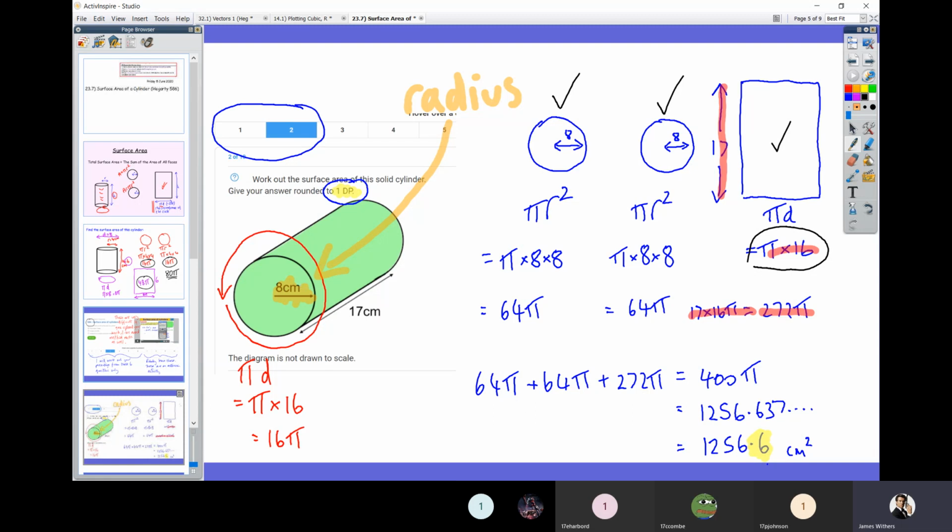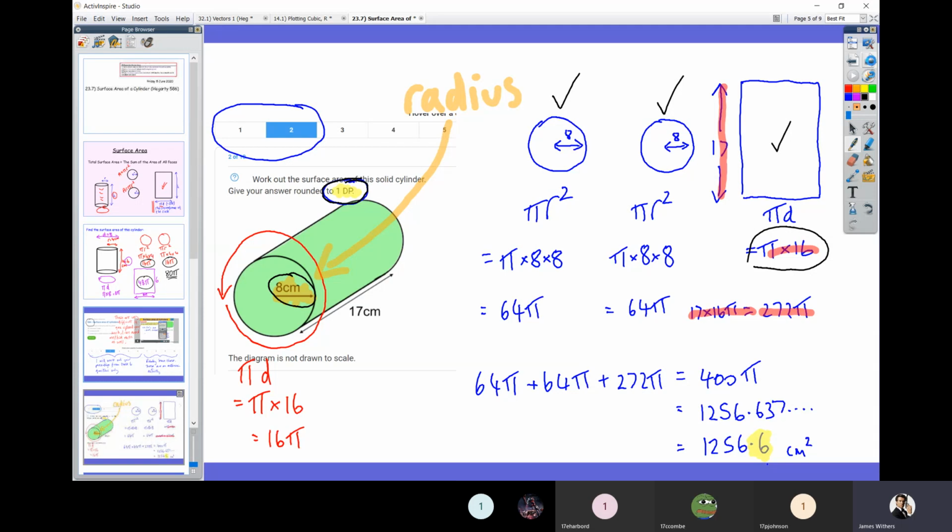That's pi times 2 lots of 8. So I've worked out the 3 surface areas, and then I've added those 3 together to get 400 pi. Now you'll see for questions 1 and 2, you've got to give your answers to 1 decimal place, and note how they give you the radius to start with for questions 1 and 2.